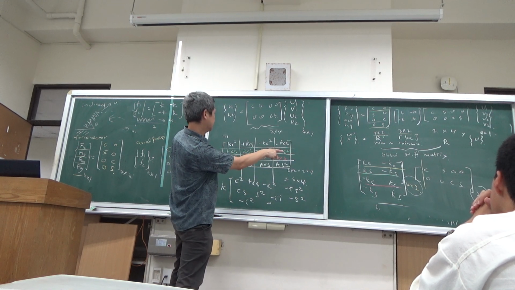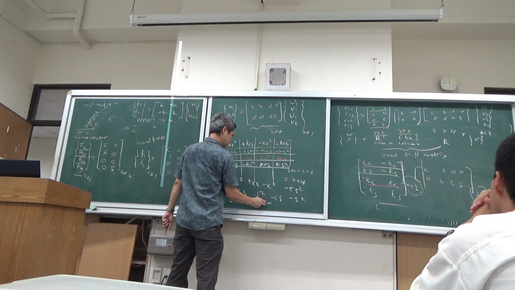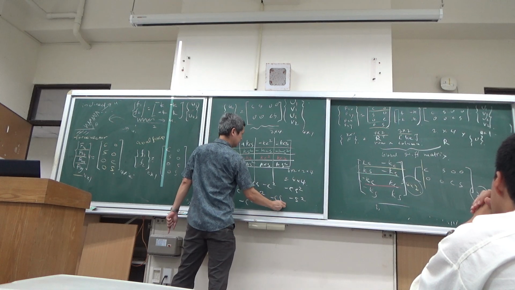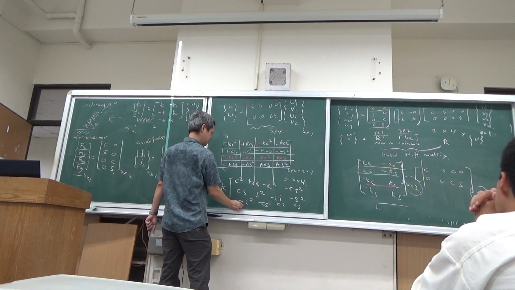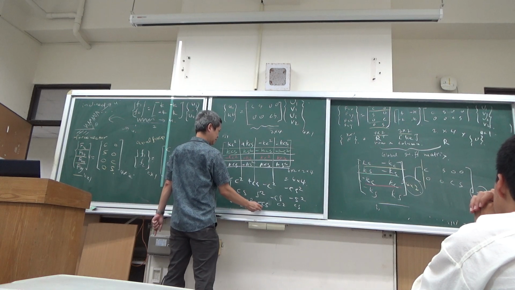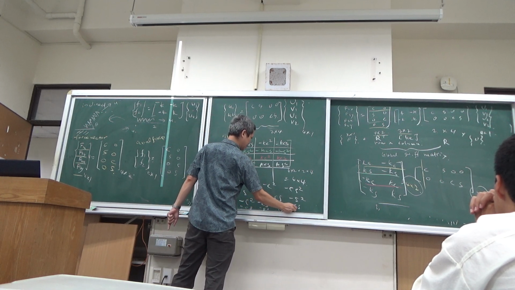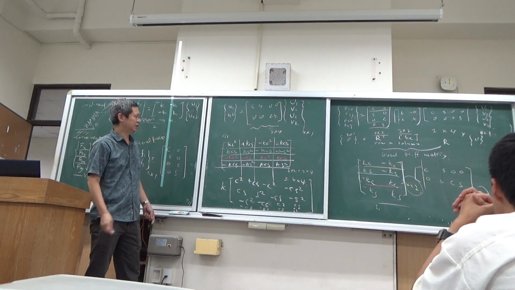KCS, minus KCS, yes. And then this one is C squared, CS, and then the last one is minus CS, minus S squared, and CS, S squared.